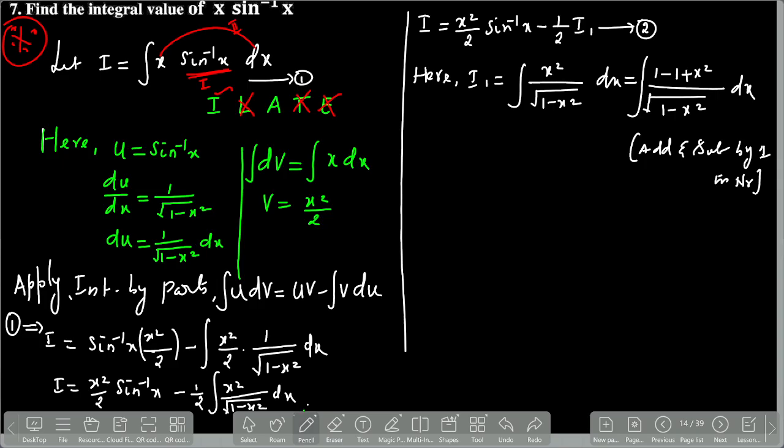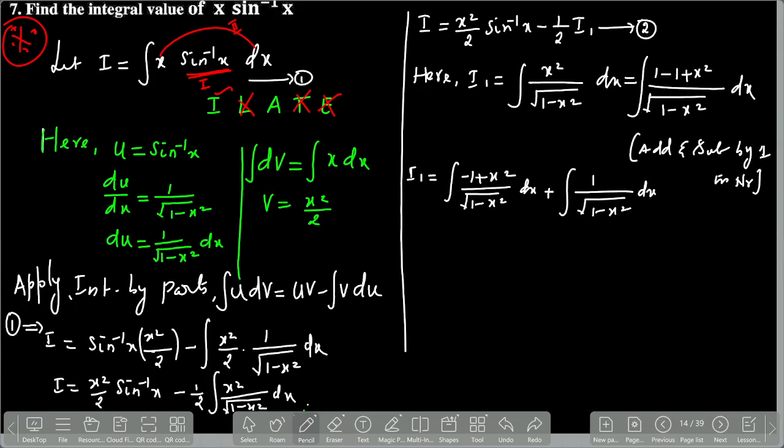Look at this. I1 equal to integral of minus 1 plus x square. Why have we taken minus 1? Because the denominator is 1 minus x square. Divided by square root of 1 minus x square dx, plus integral 1 by square root of 1 minus x square dx.